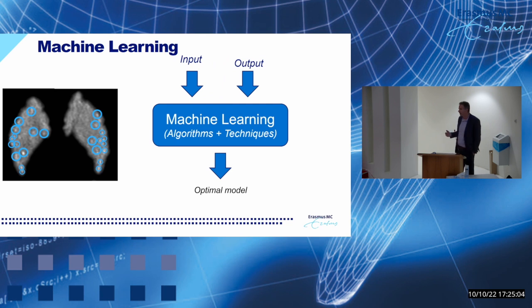In machine learning, you provide both the input and output to the machine learning algorithm, and the algorithm then builds a model which best maps the input to the output given the examples. Then you create an optimal model, and this process has really been improved over years and years.